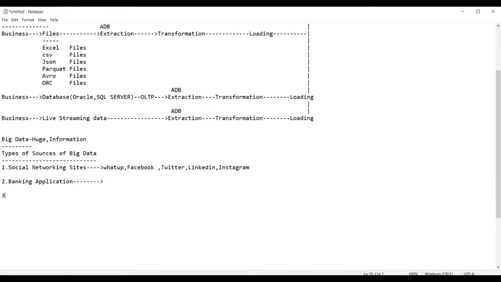Then we can also get data from machine generated data. What do you mean by machine generated data, guys? The data which is generated by a machine. Suppose you have a CT scan machine or an MRI machine, which scans the human body, and even ECG machines.